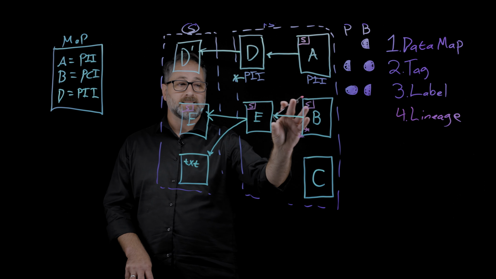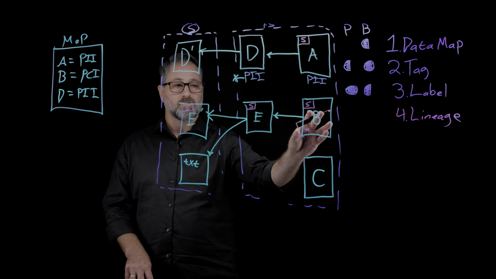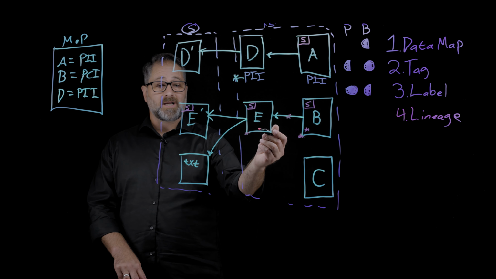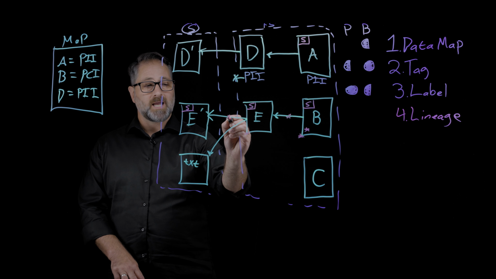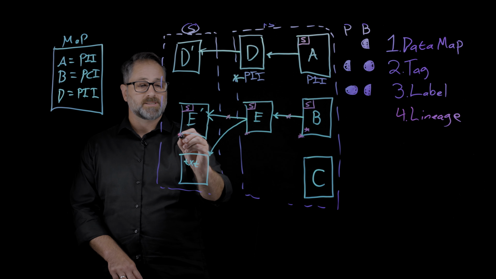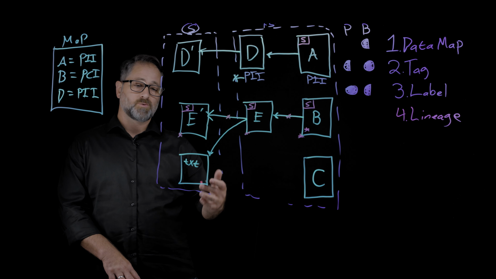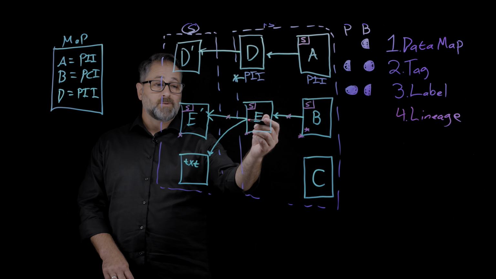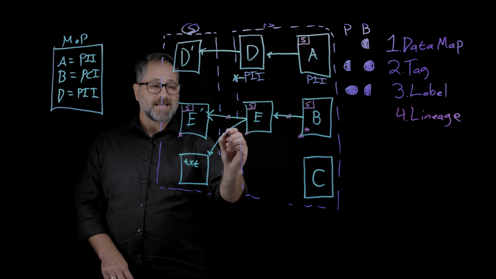Now, whenever that file is changed or modified or saved as, we see that action and we're able to persist that classification to that file. And then if that file is copied into SharePoint, again, we see that action and we're able to persist our lineage classification with it because it's associated with events that we've seen before. Now, if I do a save as into a text file, exact same thing, right?